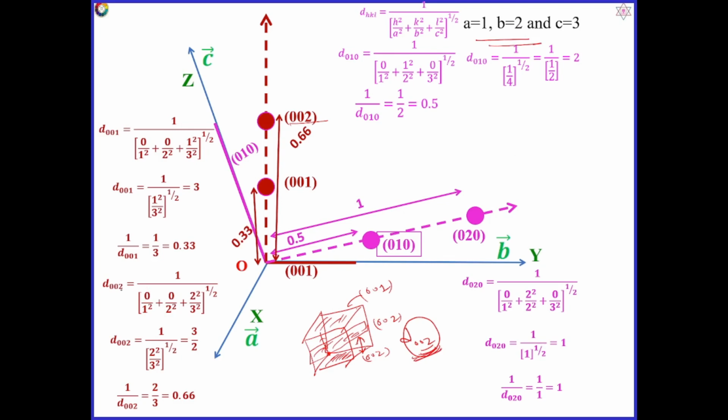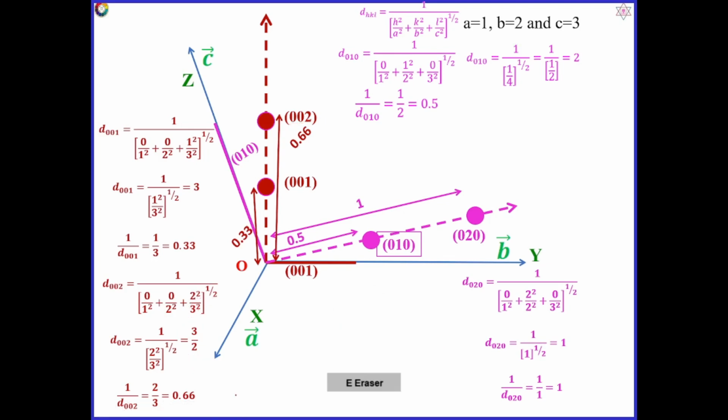Here d002 will be 1 by the square root of, h value 0, k value 0, l value here 2, so 2 square by 3 square. We found that it is 3 by 2. So 3 by 2 is the interplanar spacing between the set of planes of 002.